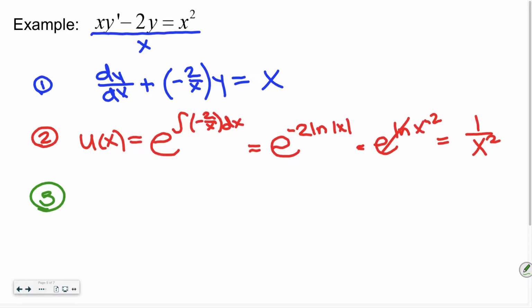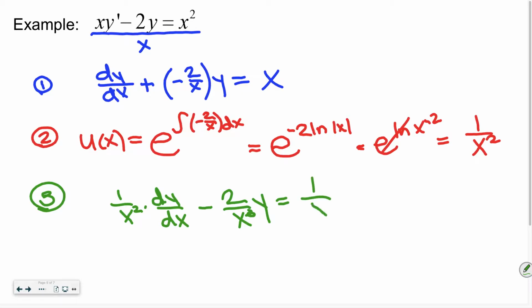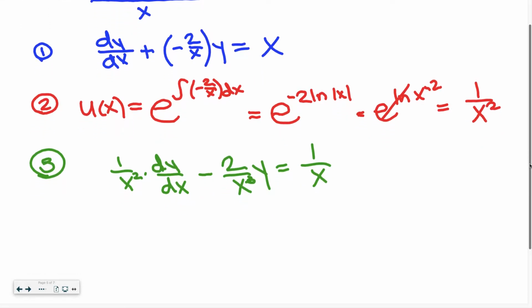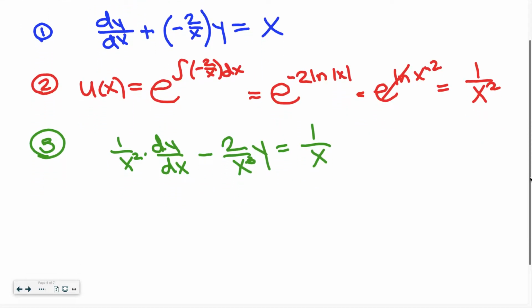So we are going to multiply everything by our integrating factor. So we have 1 over x squared dy/dx minus 2 over x cubed times y equals 1 over x squared times x, which gives us 1 over x. I would suggest doing this work just to check yourself.